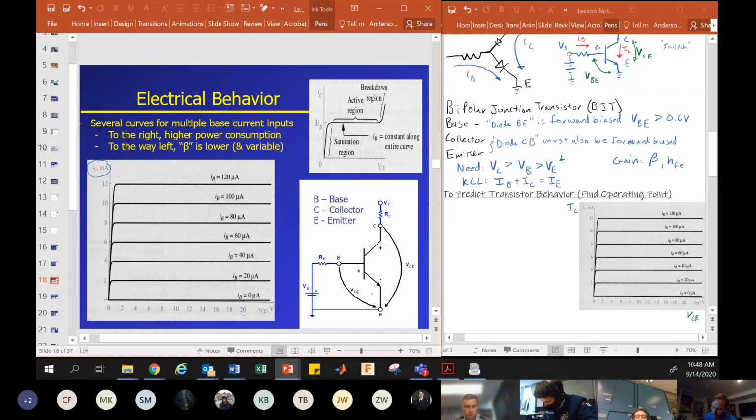This family of curves are the base currents. So we've been talking about how a base current controls the collector current. When I increase the current at the base, I'm moving up these black lines, okay? And we determine the operating point of the transistor based on what its collector to emitter voltage is set up to be, and then we can determine the collector current. So I'll show you how that works.